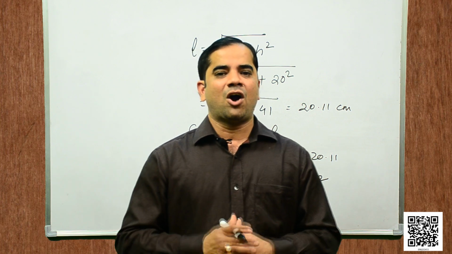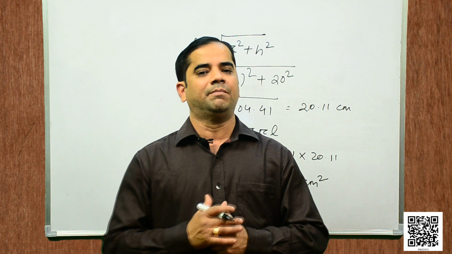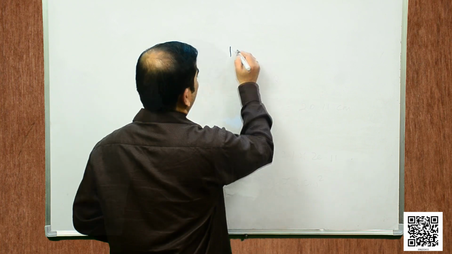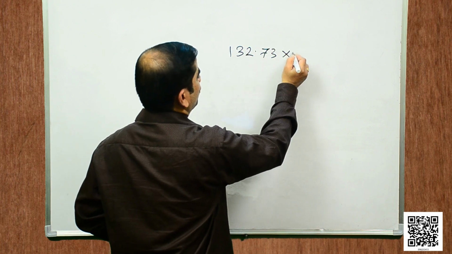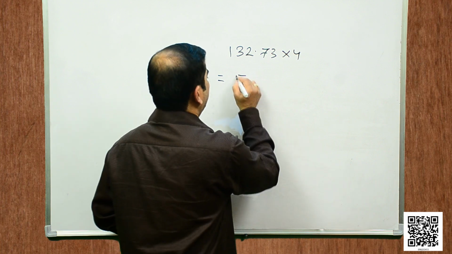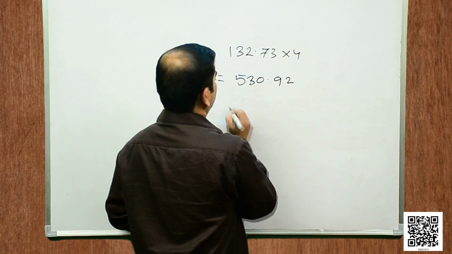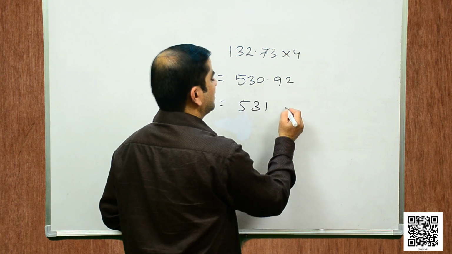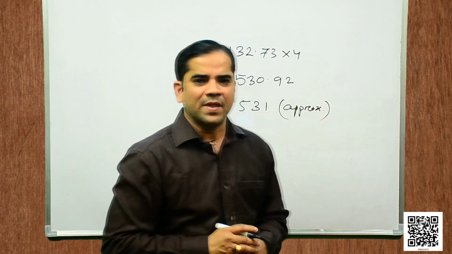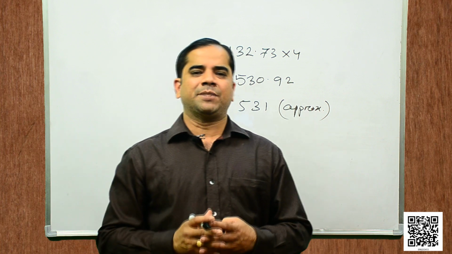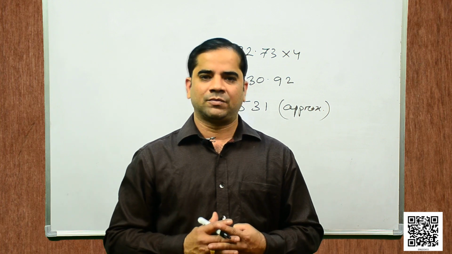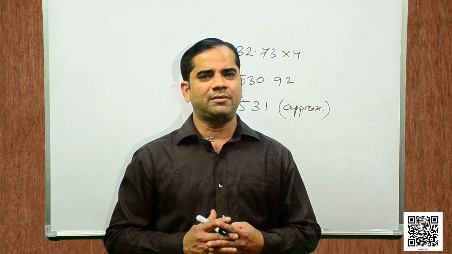Therefore, number of grains on the entire curved surface of the cob will be 132.73 into 4, that will be equal to 530.92, or we can say 531. It is an approximate value. Okay. So, there would be approximately 531 grains of corn on the cob. Hope you understand the example.